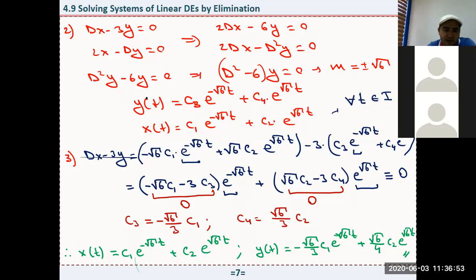But here, that was not enough. If you substitute here, it's not equal to 0 for every value of C1 and C2, because you will get some kind of equation like this. So we need to continue one more step and identify a special relationship between these coefficients, C1 and C3, and C2 and C4. They are related to each other by these two equations.